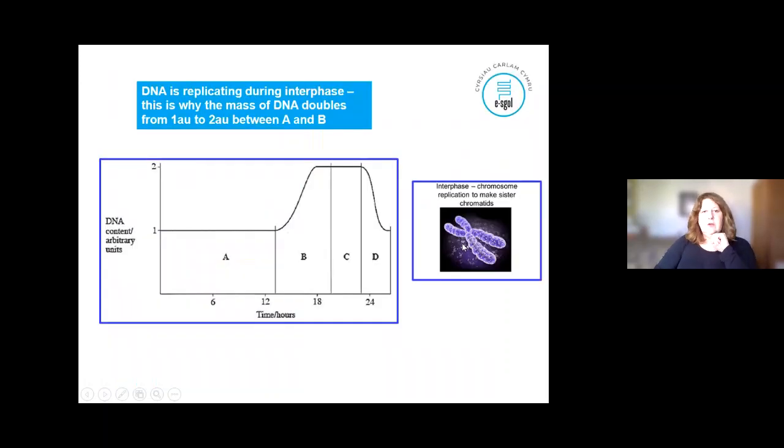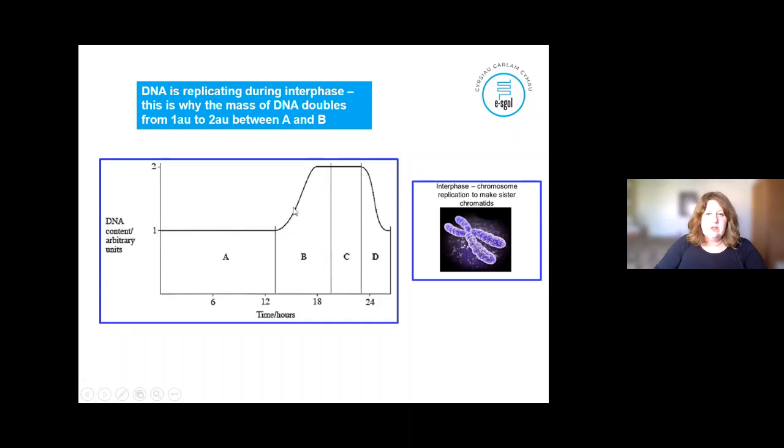Now, as I said also, the DNA replicates during interphase, and you can see here, if we look at the DNA content of a cell, using something called arbitrary units, then during interphase, or during that G1 phase, you'll have the DNA content at, let's say, 1 arbitrary unit. Then in the S phase, DNA replicates, and you can see it will double.